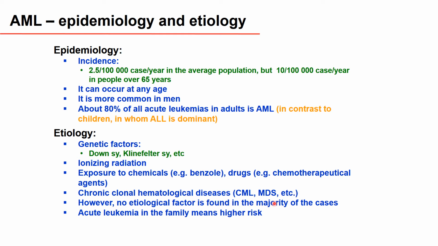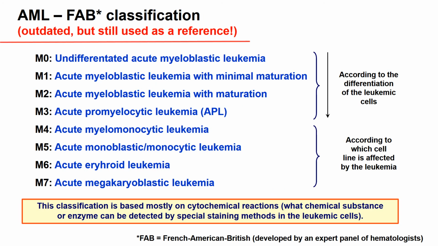And basically, as I mentioned, in the majority there isn't any kind of correlation. Heredity could be some kind of familial predisposition, because in families where members suffer from acute leukemia, other members have a higher risk to develop acute leukemias or any kind of hematological disease.